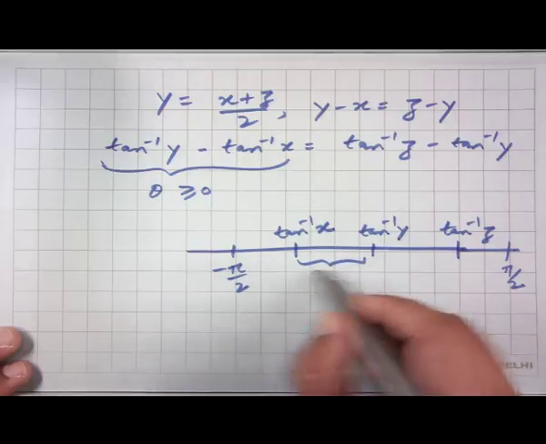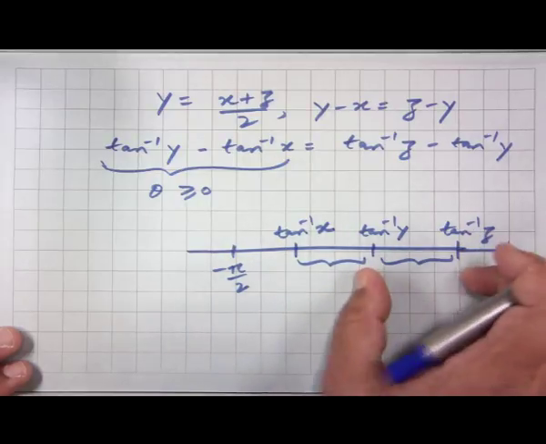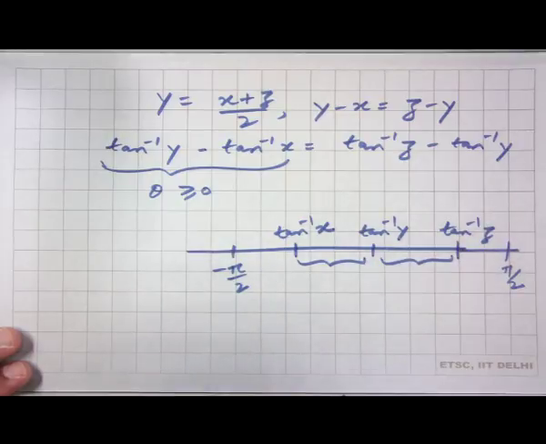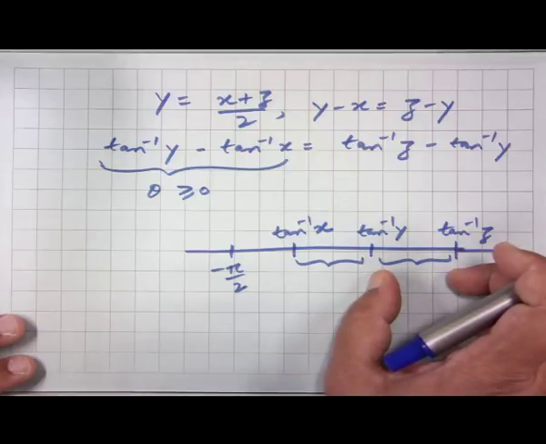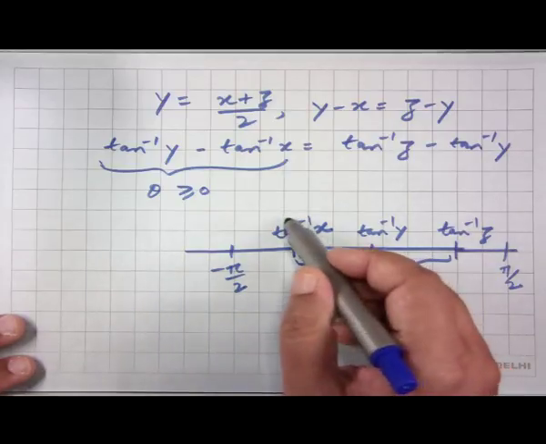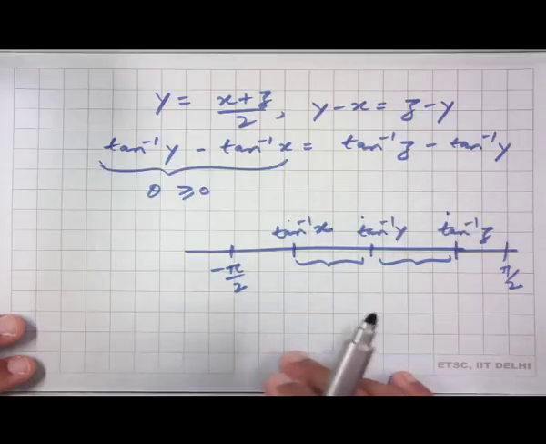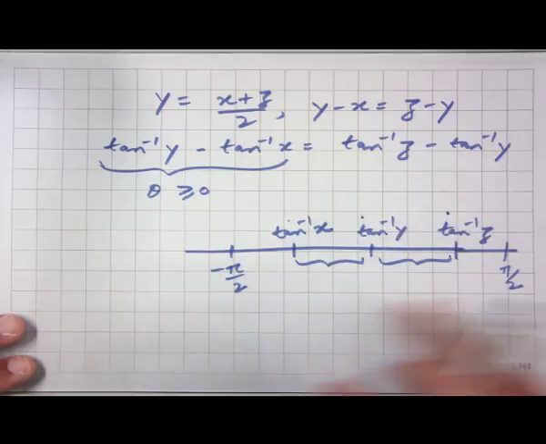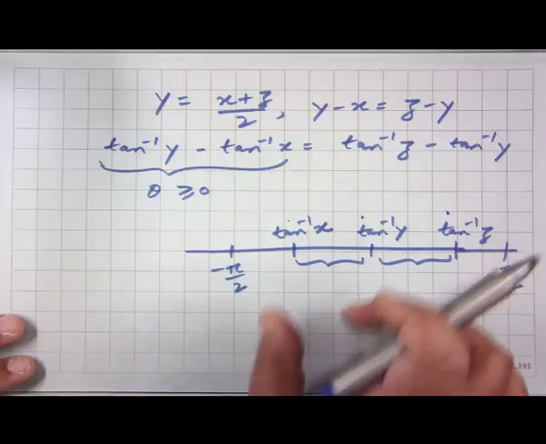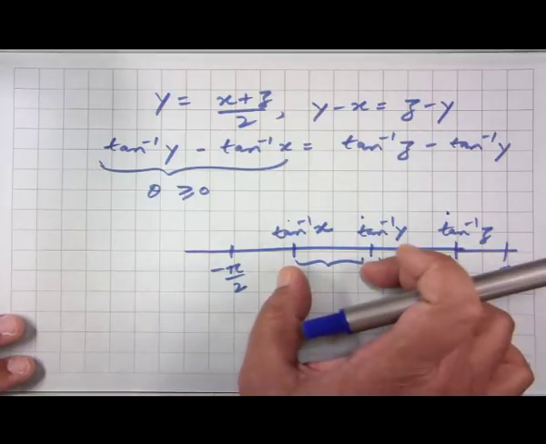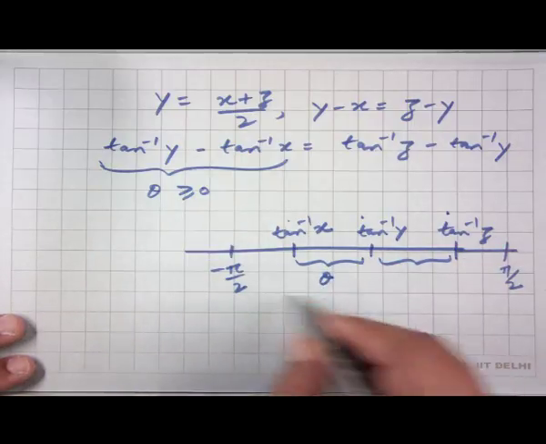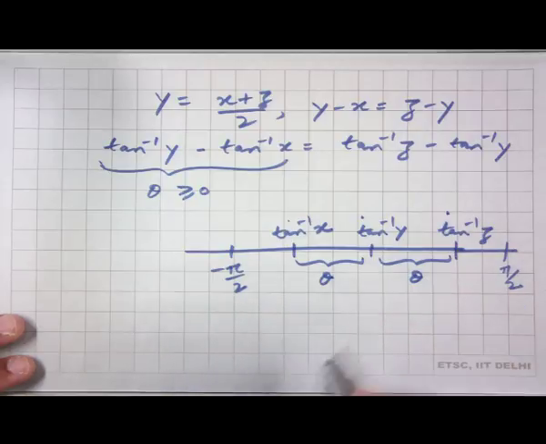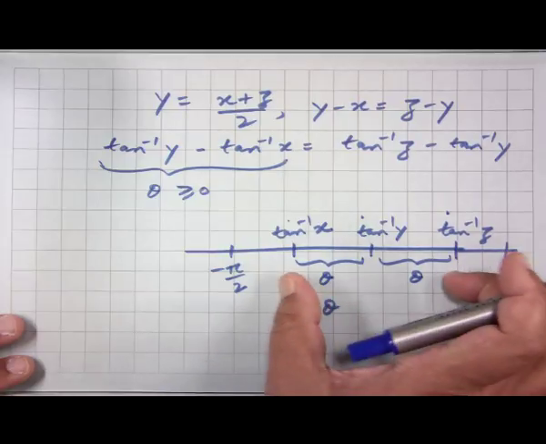These angles are equal in measure. Because these two angles are equal in measure, and all of tan inverse x, tan inverse y and tan inverse z have to lie in the interval minus pi by 2 to plus pi by 2, it follows that if theta is positive, then this is theta and this is also theta, and if we add both these thetas, we get 2 theta, which is this value.